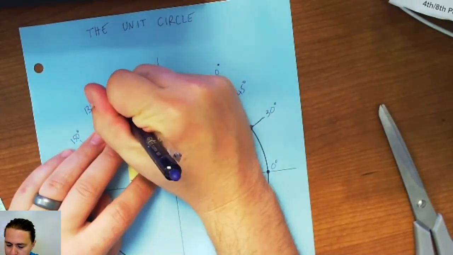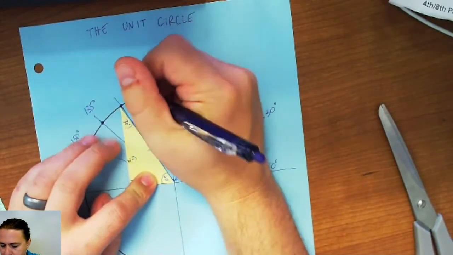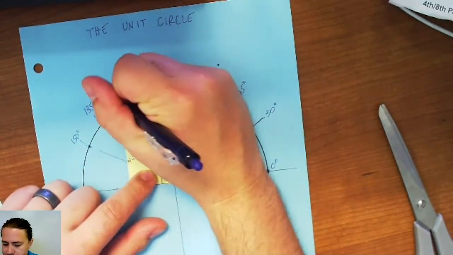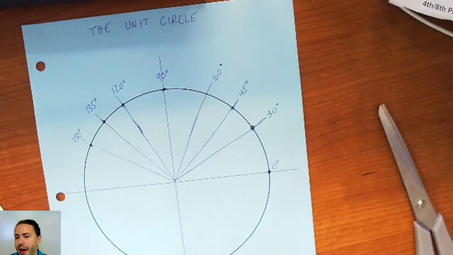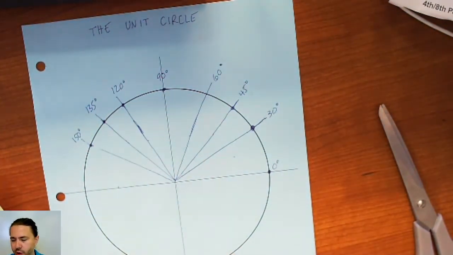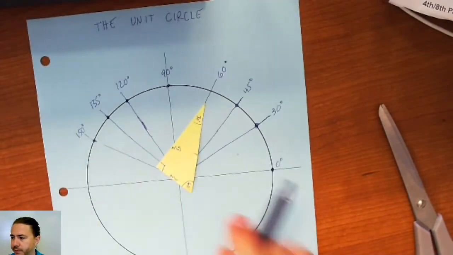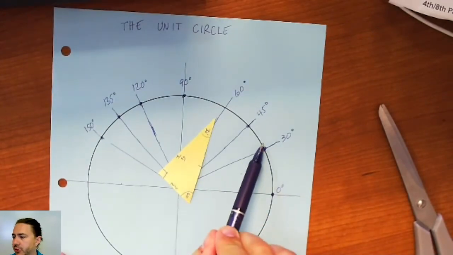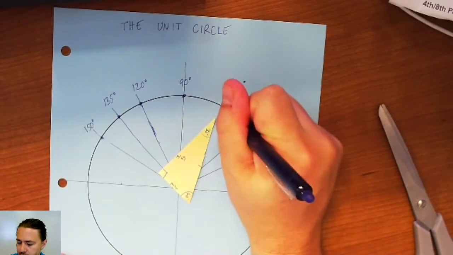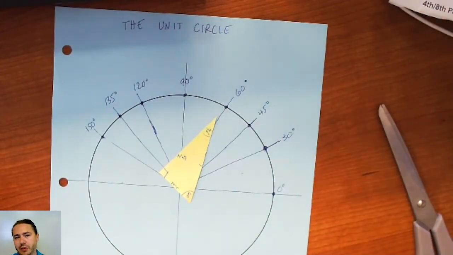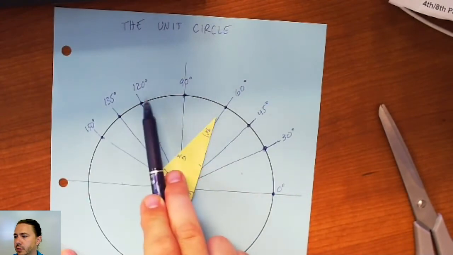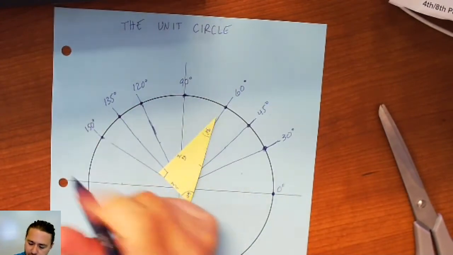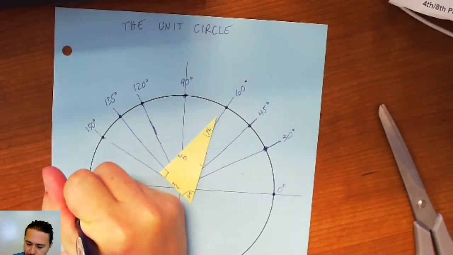Okay, so we got that, and let's see, 180 minus 60 would be 120. Now hopefully you're starting to see a pattern here, and that is when I'm using the 30, 60, 90 triangle, these angle measures that I'm obtaining are all in increments of 30. 30, 60, 90, 120, 150. You already know this one is 180.